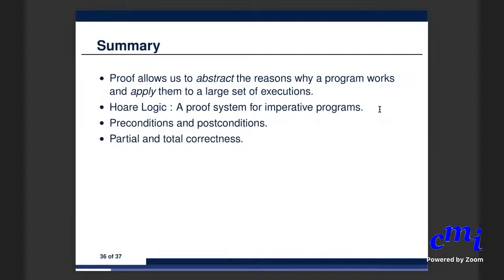Okay, I still have about 10 minutes. So are there any questions? What we saw here was proof logic, and this is the end of the discussion. We only discussed partial correctness and not total correctness.